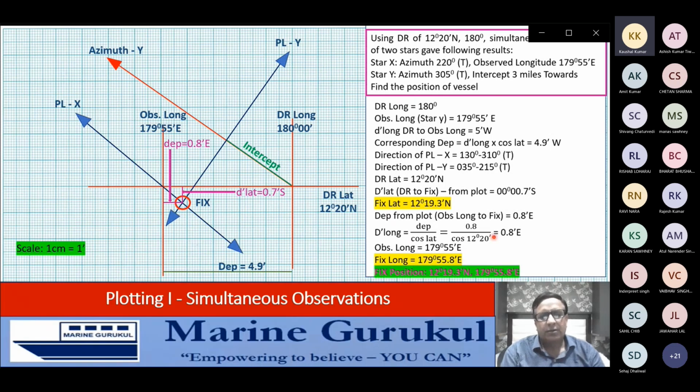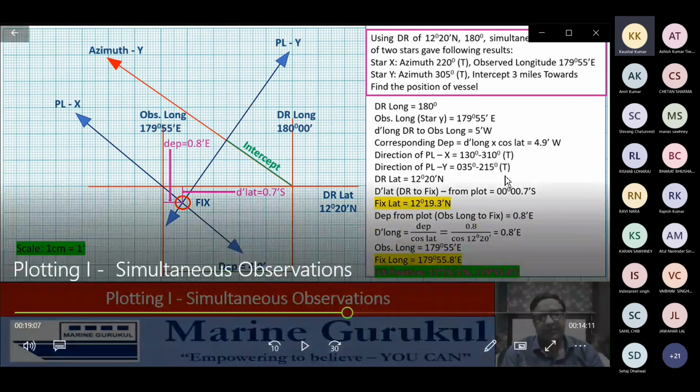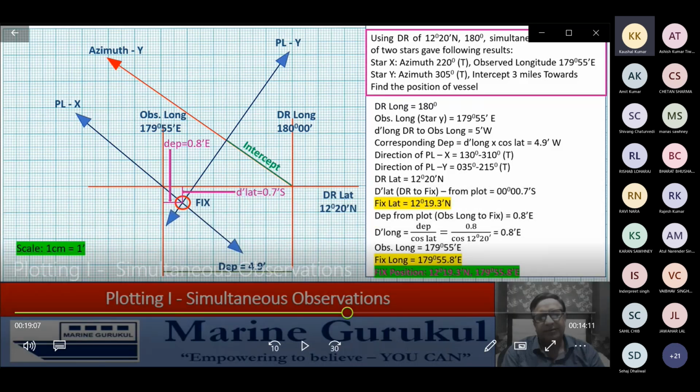And hence, coordinates of the fix are 12 degrees 19.3 minutes north, 179 degrees 55.8 minutes east. So we have found out the latitude and longitude of the fix by getting the D lat and departure from the plot. So any doubts in this question, beta?